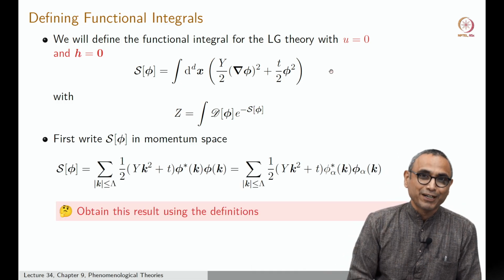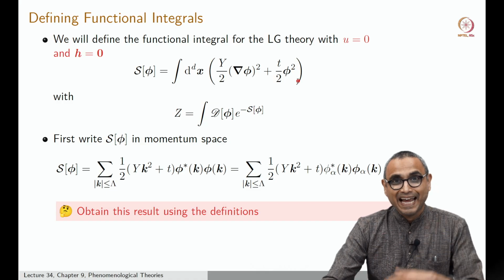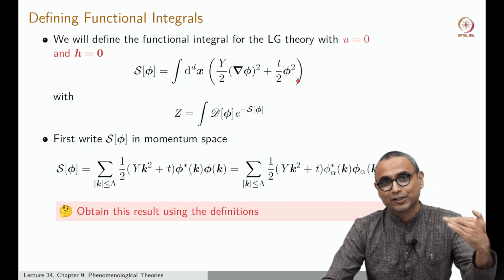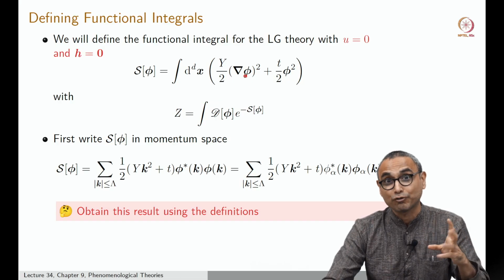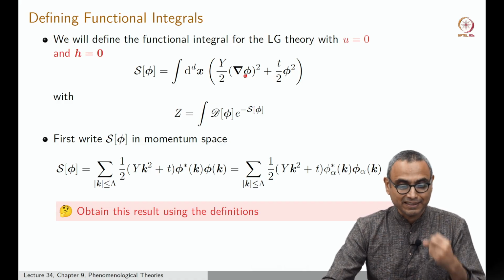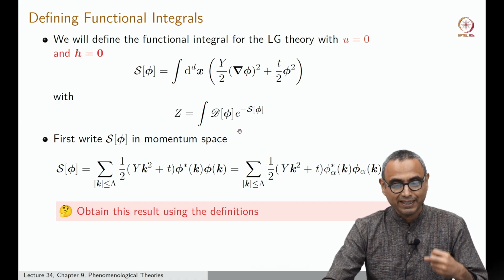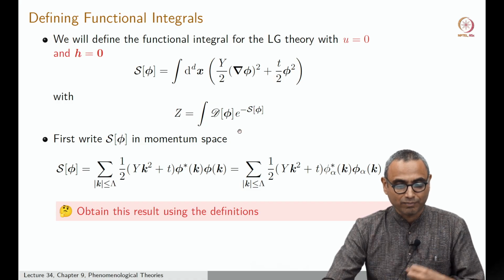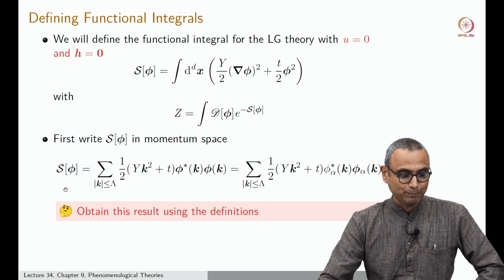Now, the first thing we'll do is take S of phi, which is written here as an integral over real space, and convert it to terms associated with the Fourier components of phi. This is an elementary exercise, and if you're not able to see this immediately, you must pause the video and work through this. Or you could just take it for granted for now, but you definitely should work through this.